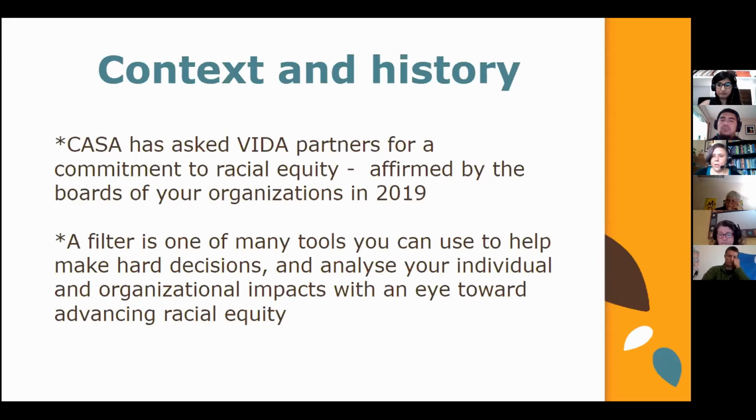That is the goal, to get more funds to the places where they're needed most. I mentioned the agreements as one type of tool we use. Another tool that we use is an equity filter. The reason these tools can be so important is that we all play a role in this, and our organizations all play a role in racial inequity. So when we start to think about how we can make changes in this world, one of the ways we can think about that is, what tools do we have available?